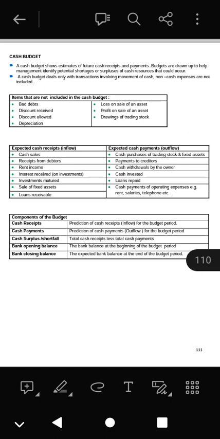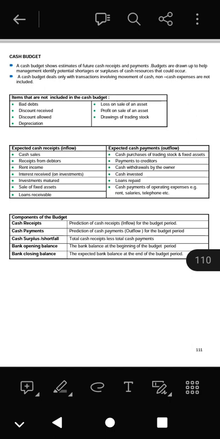Drawings of trading stock, remember, they can also be drawings of cash. Those ones will affect our cash budget. But if they are drawings of trading stock or any other thing that is not cash, they are not supposed to be a part of our cash budget. So all these items that I've just mentioned, we consider them to be non-cash items in the cash budget. Therefore, they are not supposed to be recorded.